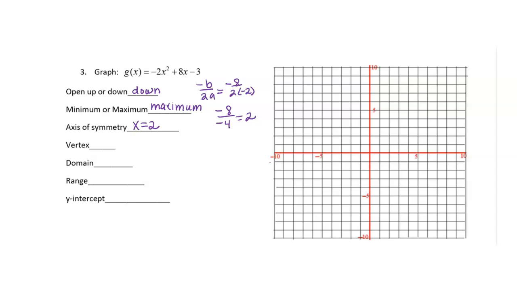To find that vertex, I'm going to plug that in for x in the original equation. So I have -2 times 2 squared plus 8x minus 3. I'm going to follow the order of operations. I'm going to square that 2 first. So I have -2 times 4. Oops, I forgot to put the 2 in here.